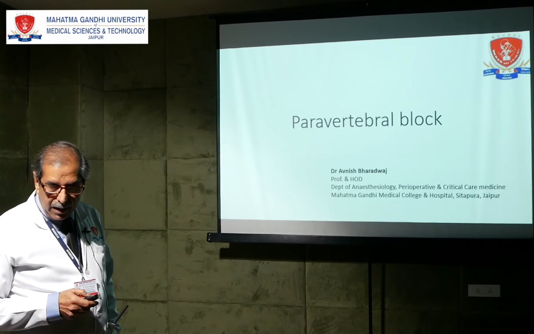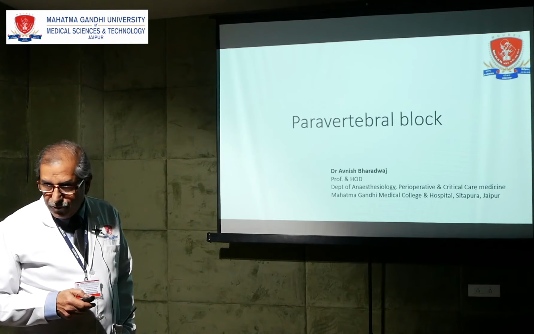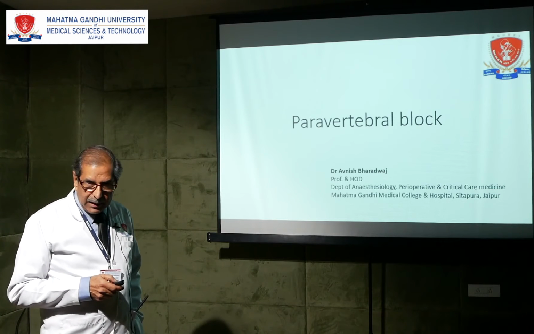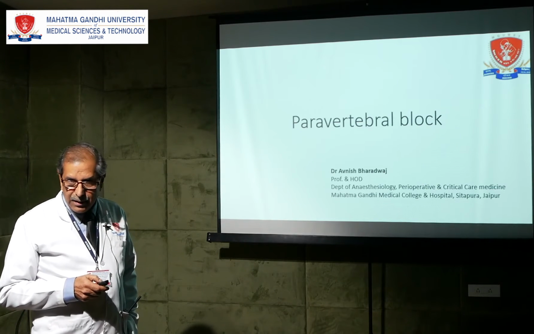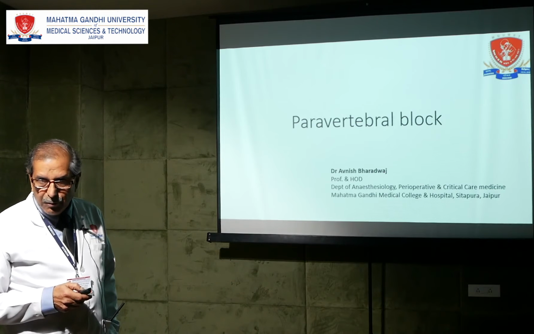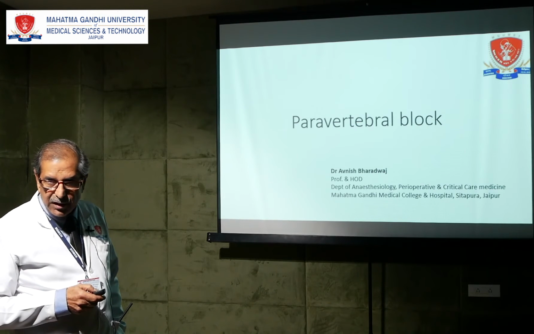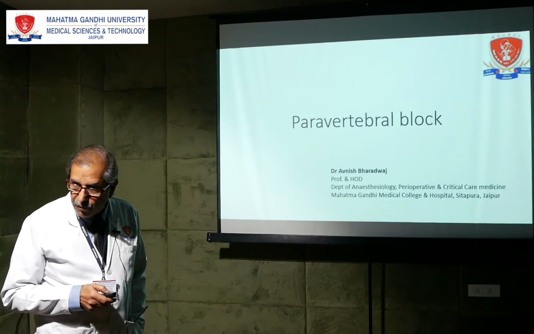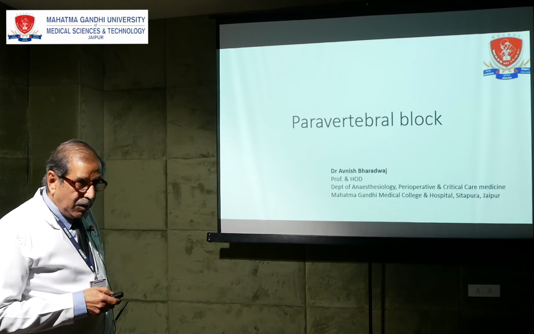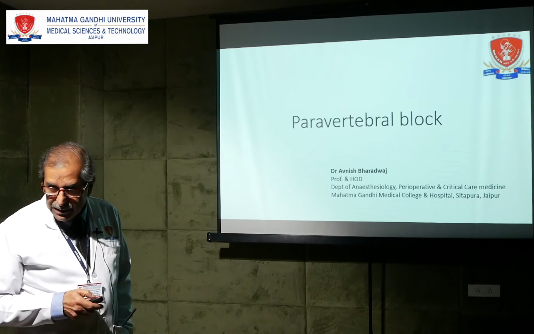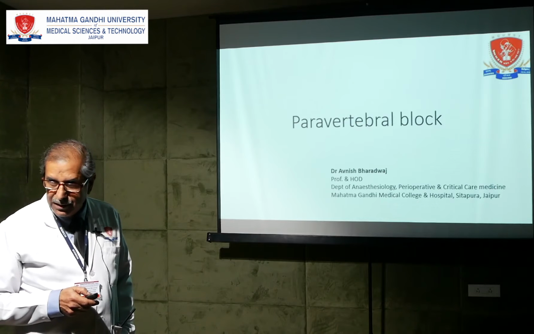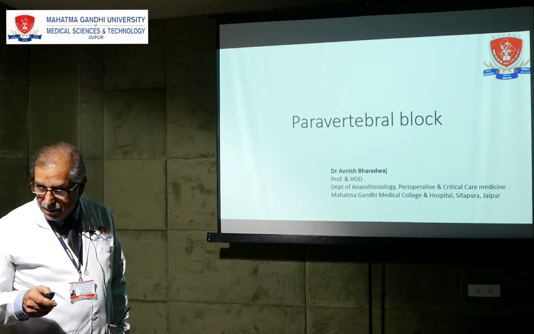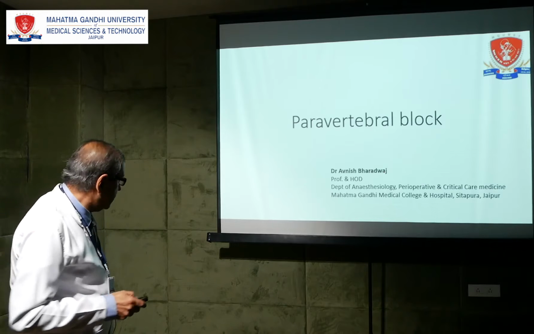One, the average volume which is required for a unit block of the paravertebral space is 3 to 5 ml, whether it is true or false. The paravertebral block is given in thoracic region. This is true or false? Good.